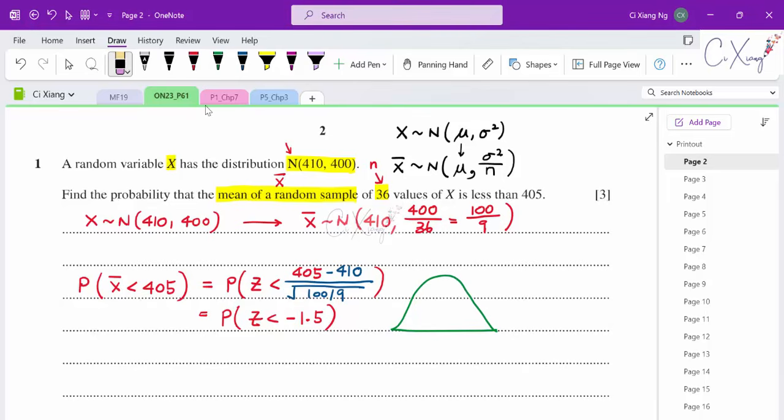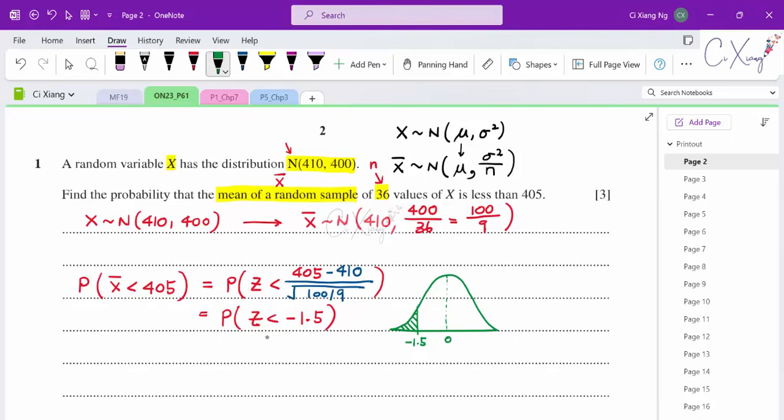If you don't really understand how to get the probability, you can have a look at this part. You always assume that the standard Z is 0 in the center, so negative 1.5 should be somewhere here. The symbol smaller than means that we are interested in finding this particular probability, or the area.